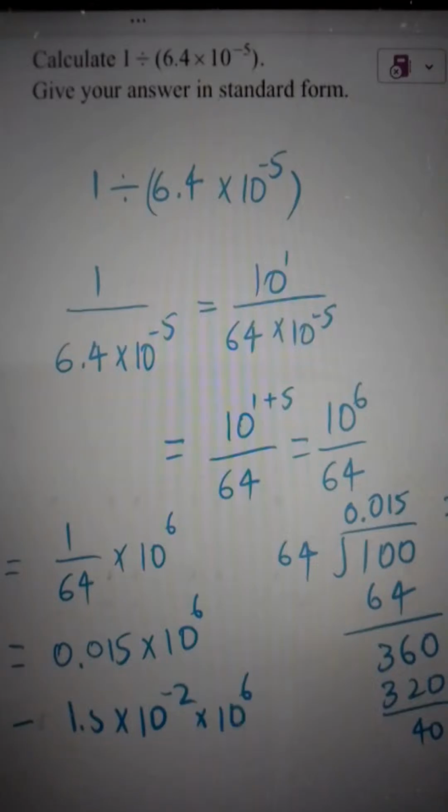As the two powers of 10 get multiplied, their powers will be added. Minus 2 plus 6 makes 4. So 1.5 multiplied by 10 raised to power 4 is the answer in the standard form.